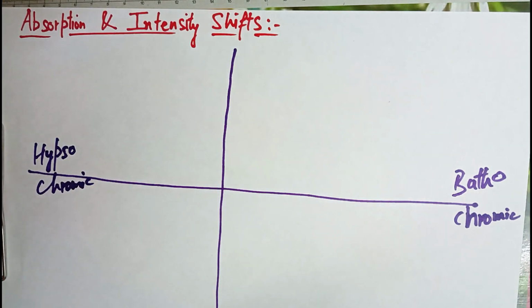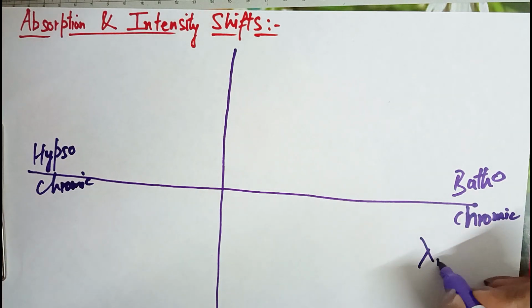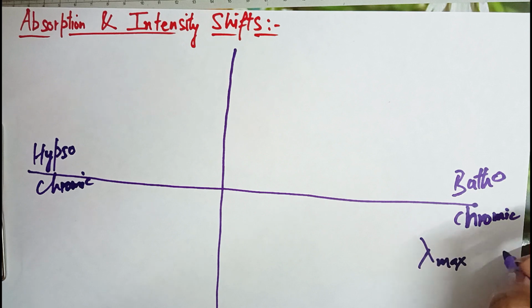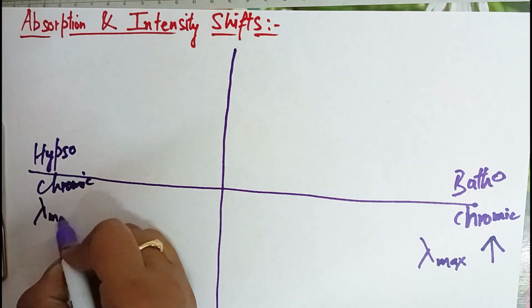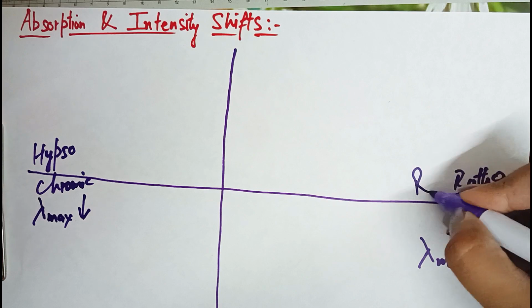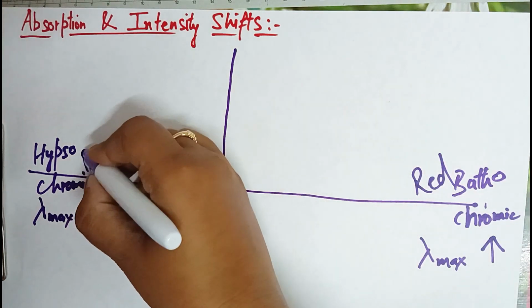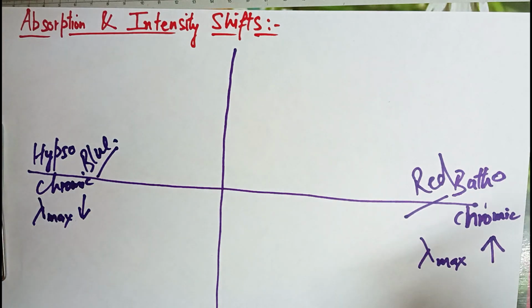In bathochromic shift, lambda max shifts towards the longer wavelength, and here lambda max shifts towards the shorter wavelength, right? So this is red shift and this is blue shift. This part we have discussed.